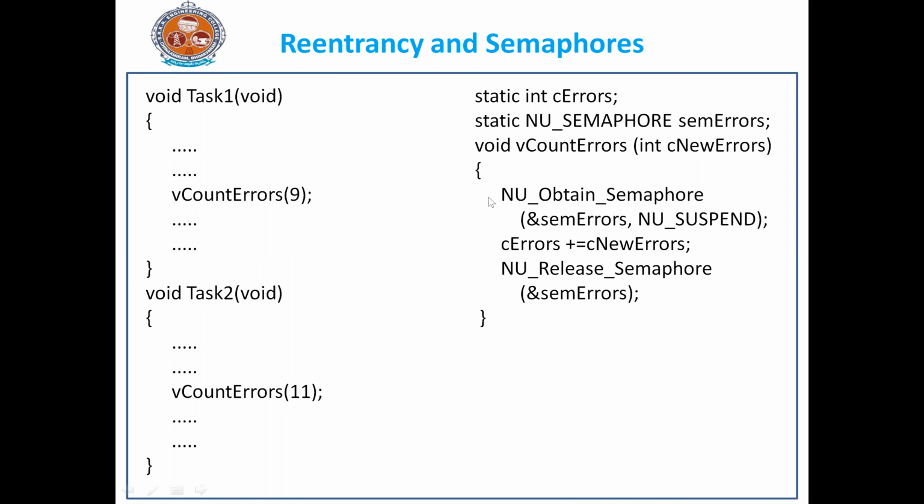That can be solved by using take semaphore and release semaphore, NU underscore obtain underscore semaphore. This one is taking the semaphore and this one is releasing the semaphore, and the statement is given in between the take and release.